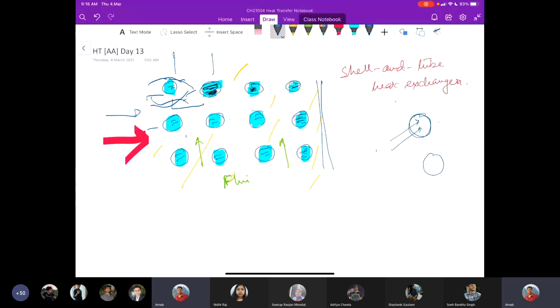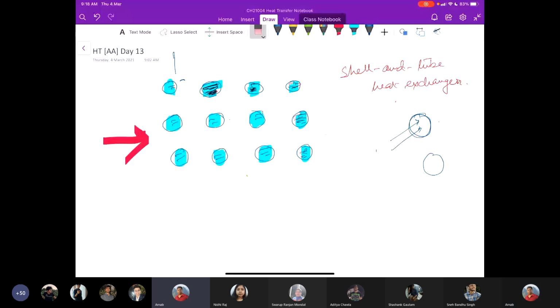For such an arrangement, the arrangement that I have shown here is a very simplified one. We can call this the inline arrangement.